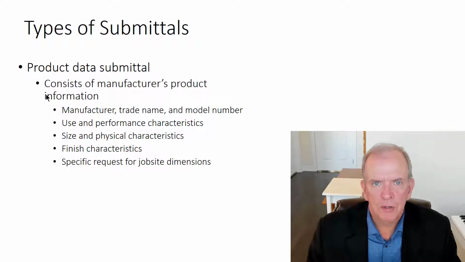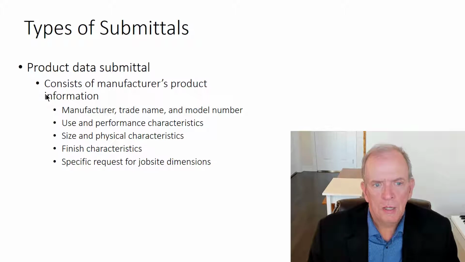So you gather the information from the supplier you're going to use, and they will provide you data, and then you submit that to the consultant to review and to make sure it's in alignment with what the intent was in the drawings and specifications, so that you don't go ahead and order something and then it's not in alignment with what the specifications and drawings intended.